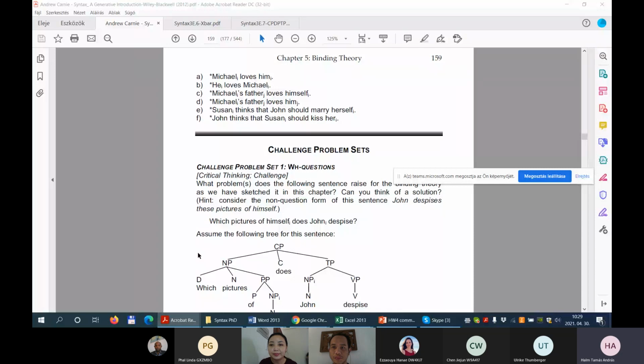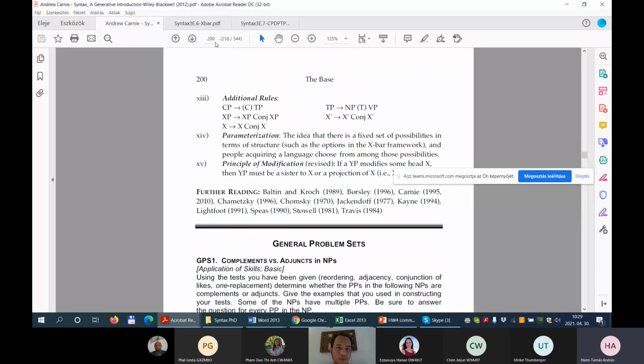Let's move on to the next exercise, which had to do with X-bar theory. This was on page 200.